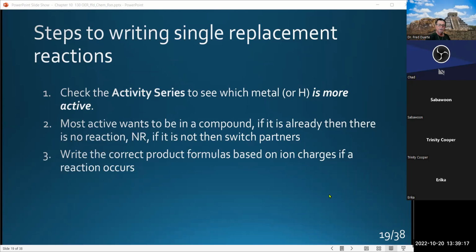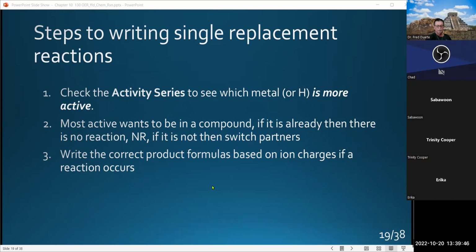So check the activity series to see which metal, or hydrogen if hydrogen is involved, is more reactive. The most reactive wants to be in a compound, an ionic compound. If it's already there, then there's no reaction. If it isn't, then we have a reaction, and we just switch the partners with respect to metals. We put them into ionic form first, the new ionic compound, so that we put them together correctly with the right ratio.